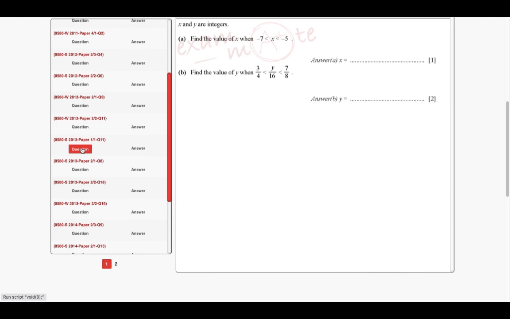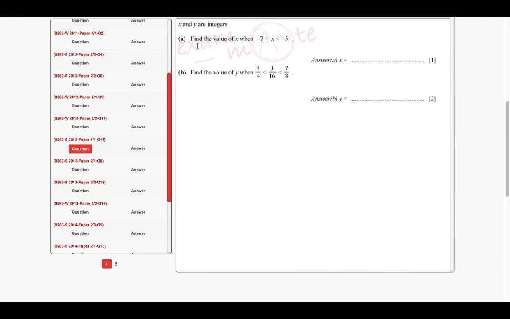10 minutes, okay. So x and y are integers. Find the value of x when, okay, x and y are integers. Integers means whole numbers.